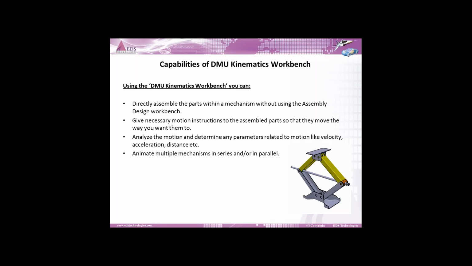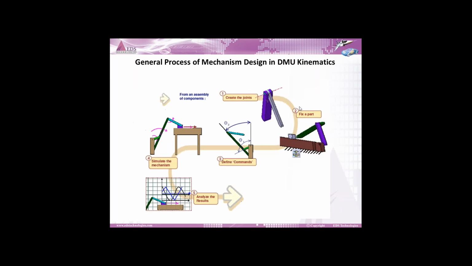Next, moving on to an overview of DMU, we are going to deal with the procedures. It is a process: first we bring all the parts into a window, and we apply joints between two different parts. The first process in DMU kinematics is applying joints, creating joints.